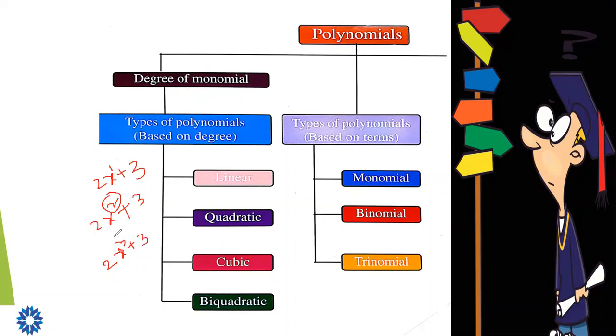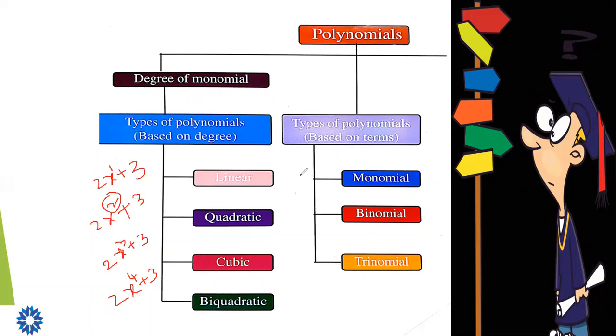Here the degree is 3, that's why it is a cubic polynomial. 2x power 4 plus 3, for example. Here the degree is 4, so it's a biquadratic polynomial. This is a binomial, there are two terms, you are right, but based on degree: degree 1 is linear, degree 2 quadratic, degree 3 cubic, degree 4 biquadratic.